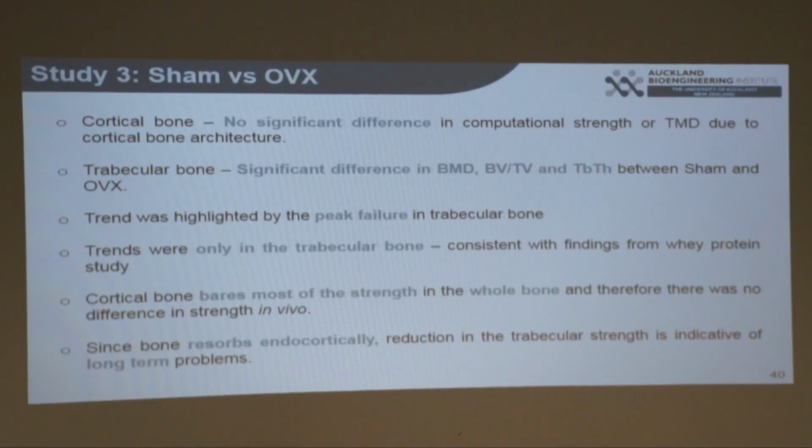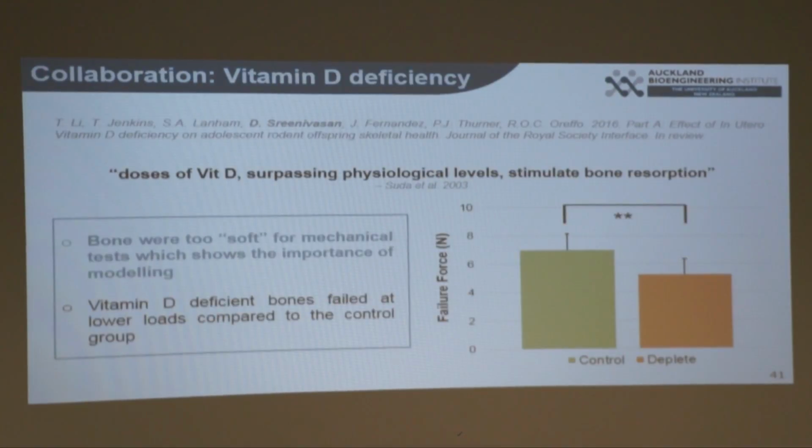We also had two collaborations. One was with the University of Southampton, and they were looking at vitamin D deficiency in utero and how that affected the offspring in the future. So doses of vitamin D surpassing physiological levels have been shown to stimulate bone resorption.